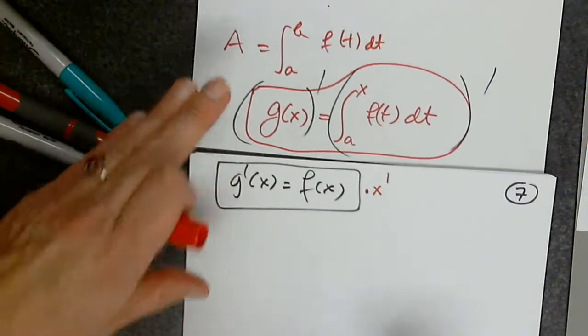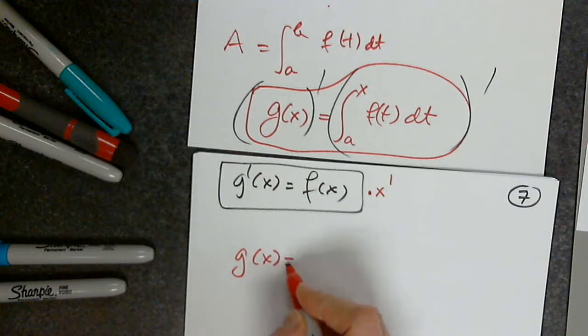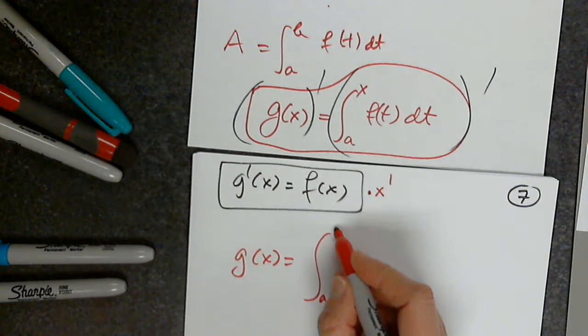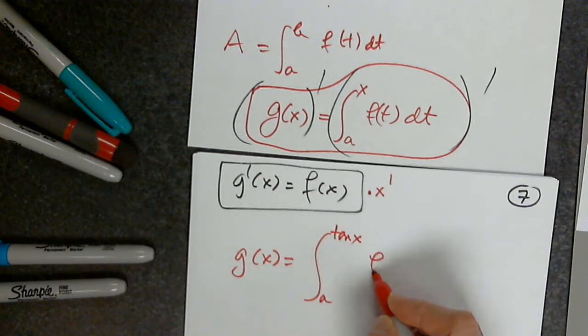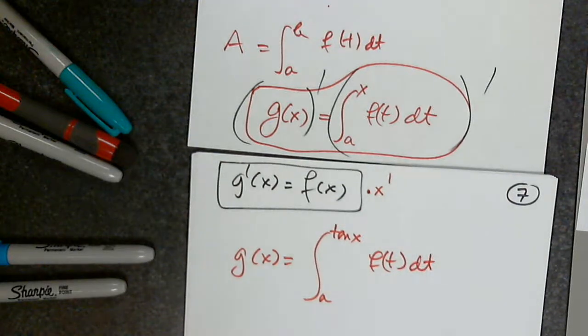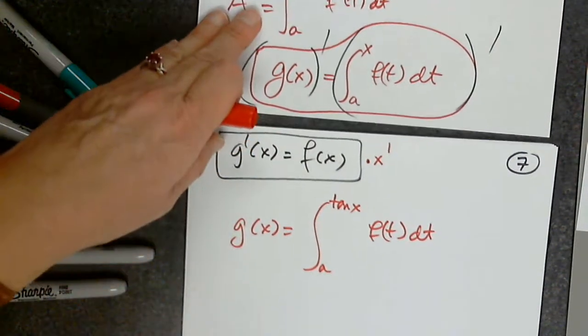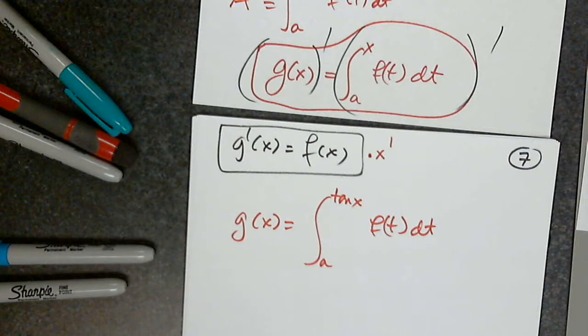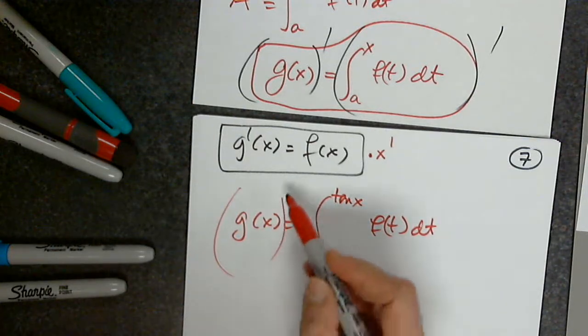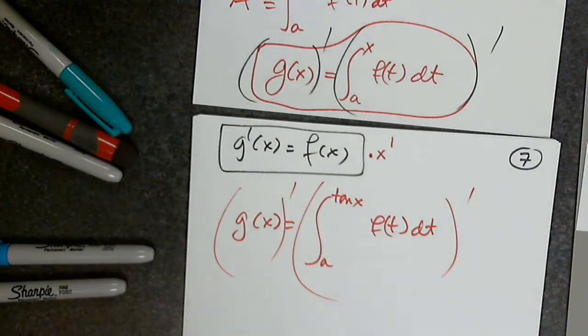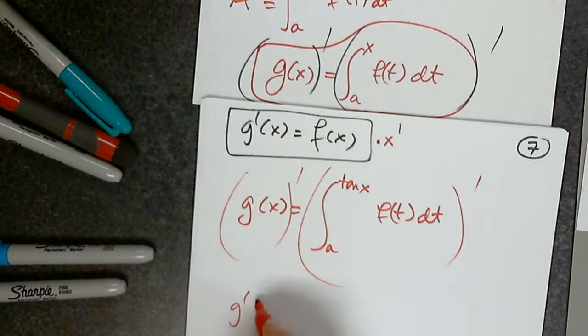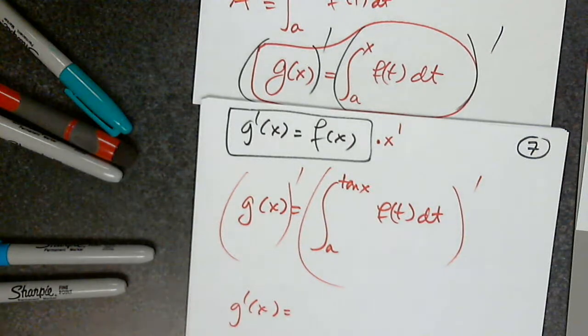What if I have the following? What if I have g of x equals the integral from 8 to, let's say, tangent x of f of t dt? Now, I can only be asked to find the derivative of g. So let's differentiate the left-hand side and the right-hand side. I get g prime of x. What do I get now?